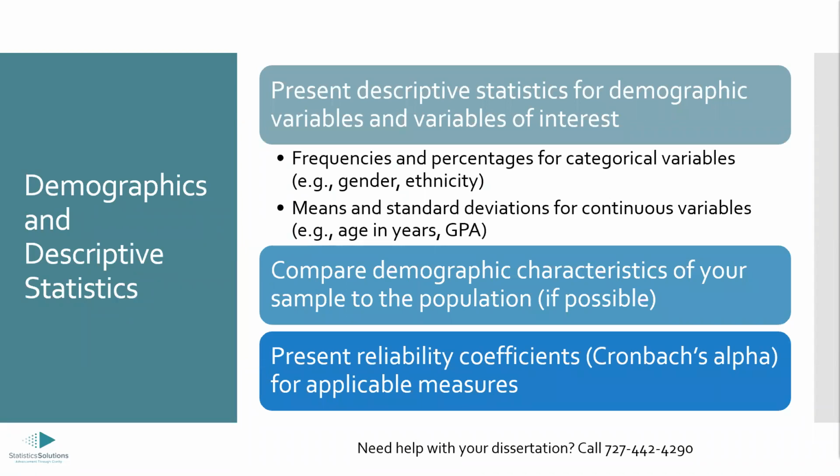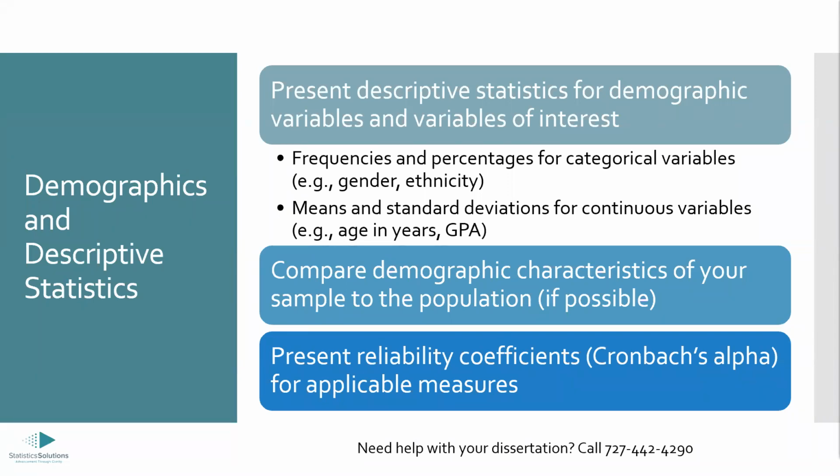So now let's talk about the descriptive statistics. Generally, before you get into the analysis of your research questions, you'll present descriptive statistics for your variables and demographic information for your participants to characterize your sample.